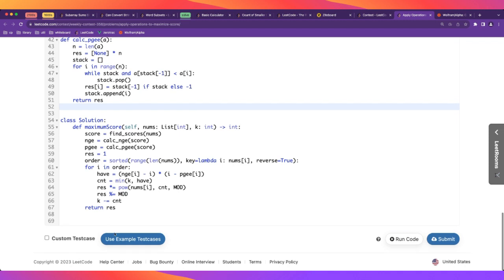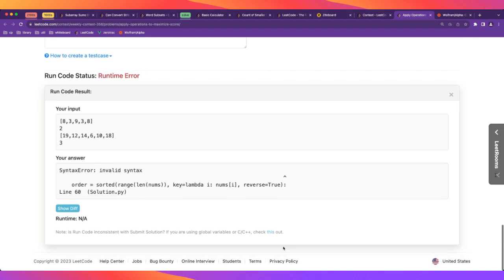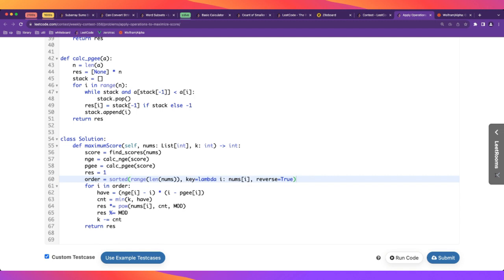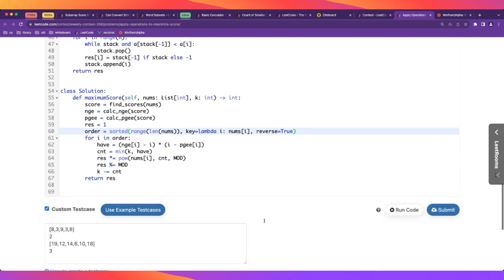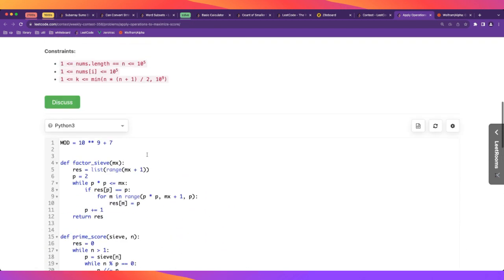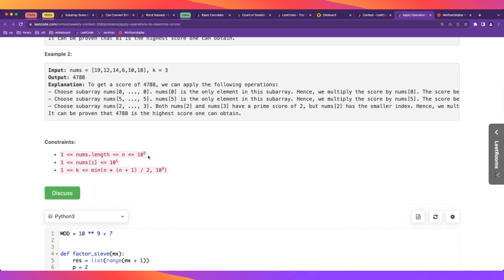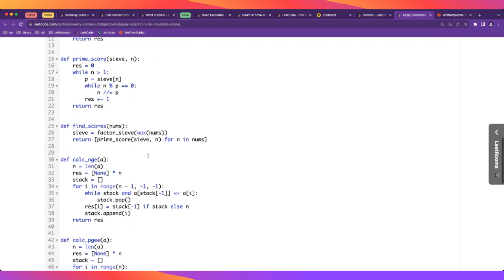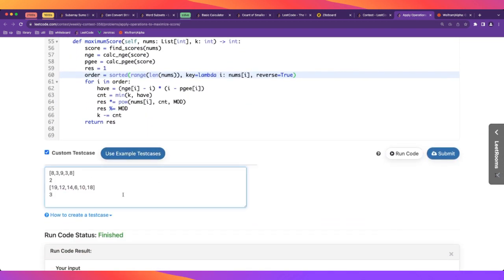Let's see if it works. Runtime error. Okay, so this is just a syntax problem. Okay, the expected answer is right for the examples. That's good. Is there some special case, some edge case that we can try easily? What happens if there are only ones? Does it matter?